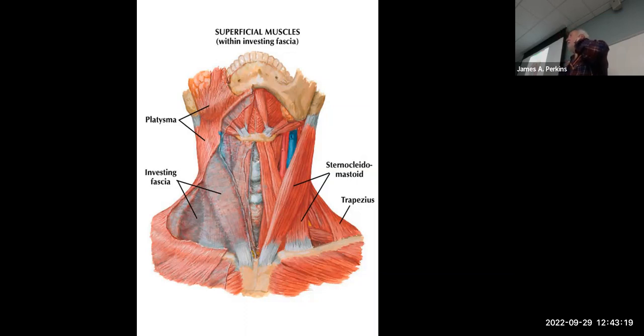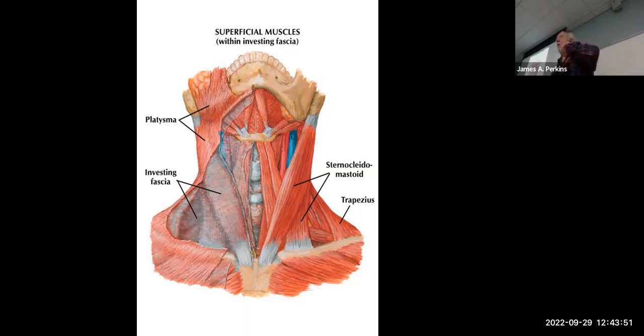I think what trips people up is the fact that the attachment on the mastoid actually sits posterior to the occipital condyles, which is the pivot point for the head to nod up and down, forward to backward. And also the insertion of the muscle on the mastoid sits posterior to the axis of rotation, which is that joint that's formed between C1 and C2, between the atlas and axis.